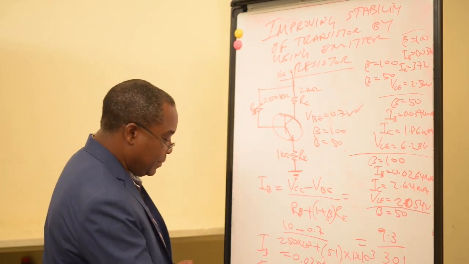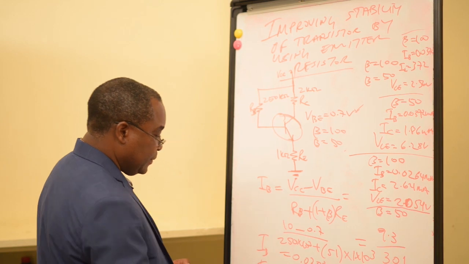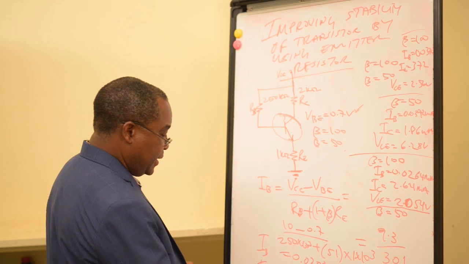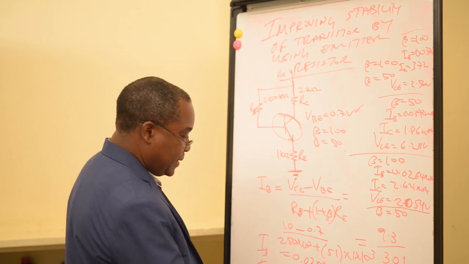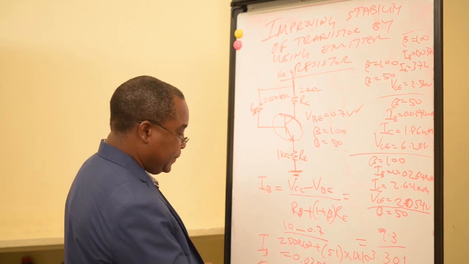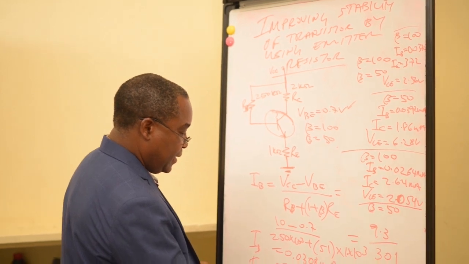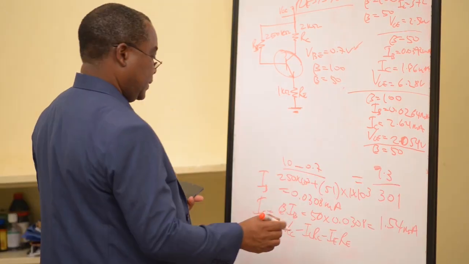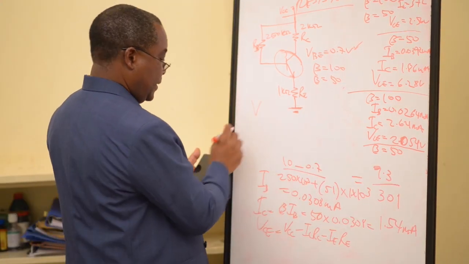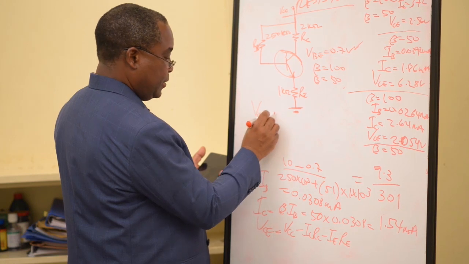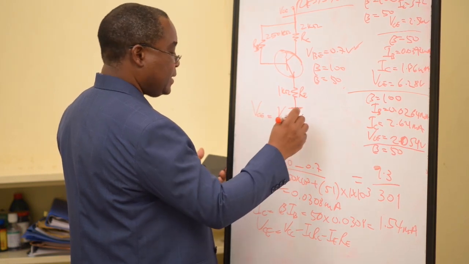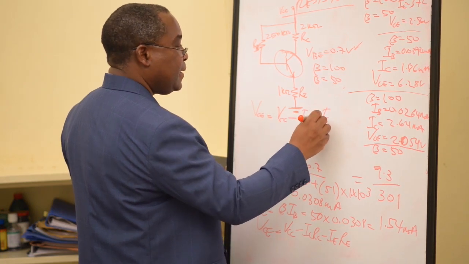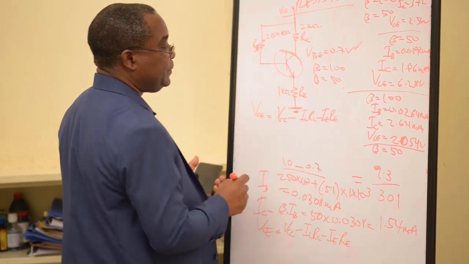We have to look for VCE. Then by using again Kirchhoff's voltage law, VCE is equal to VCC minus IC RC minus IE RE.